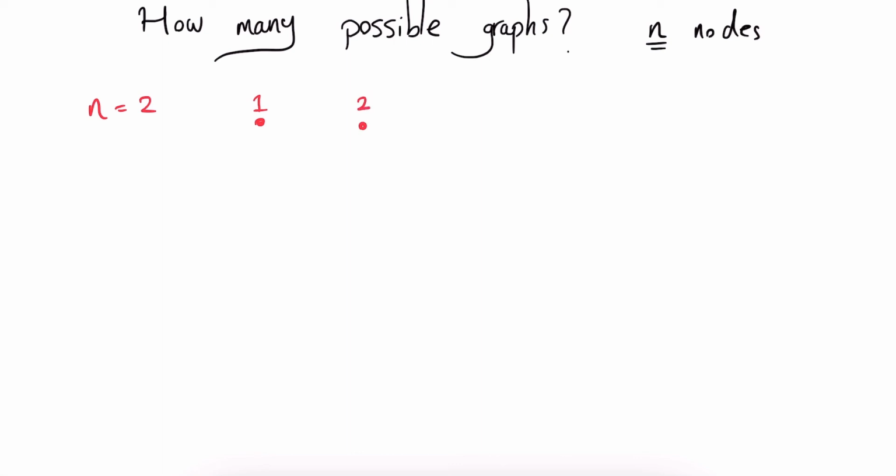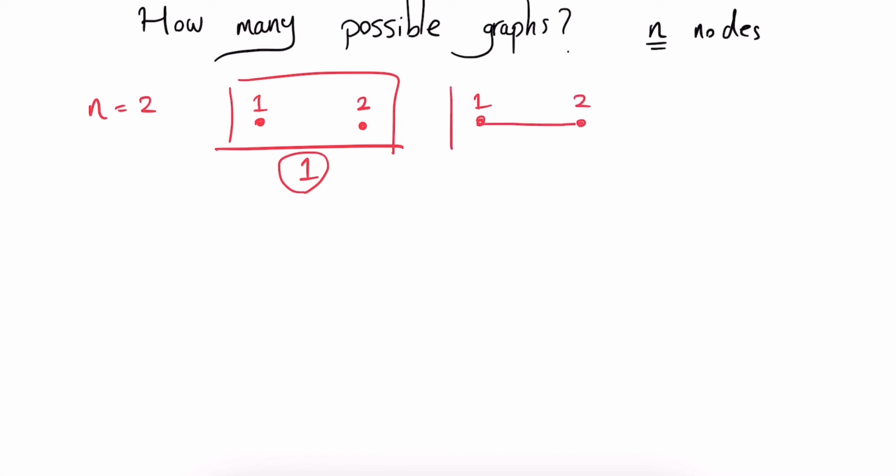So how many possible graphs can we have? Firstly, this itself is a possible graph because this is a graph with no edges existing in the graph. And another possibility is that we have node 1 and node 2, and these two are connected. So these are the only possible graphs we can make with 2 nodes. So the answer in this case is 2.